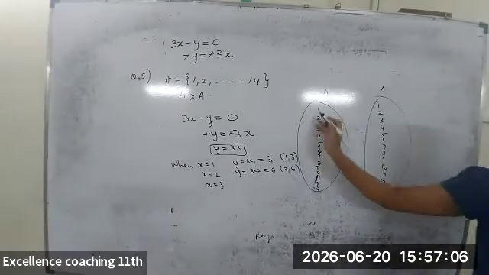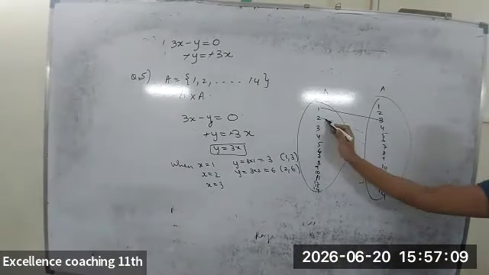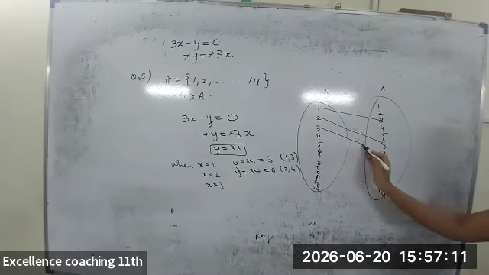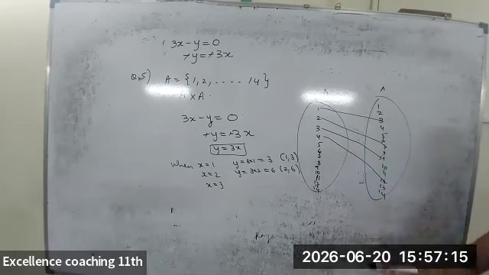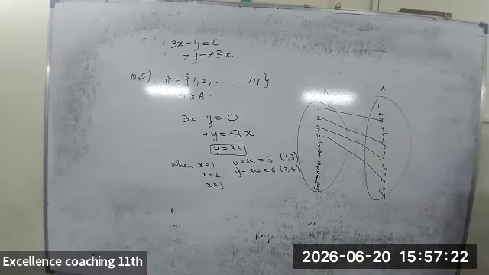So up till 14 now. When x was 1, y is 3. 2 3s are 6. 3 3s are 9. 4 into 3 will be 12. Now 5 into 3 will be 15, but there is no 15 to mark. We have to stop.